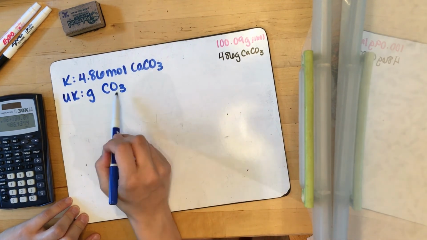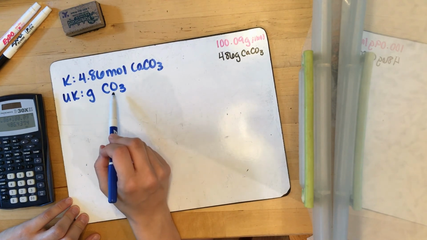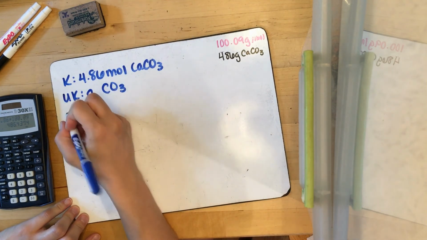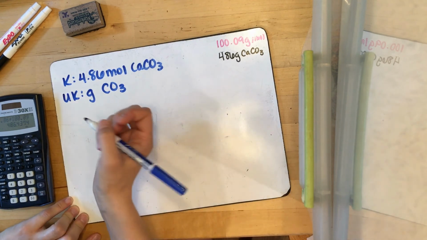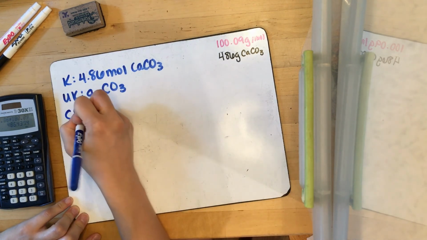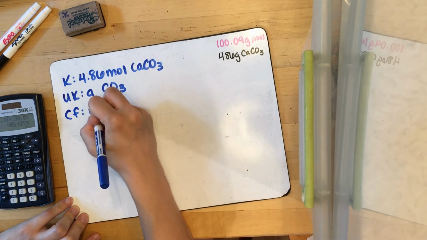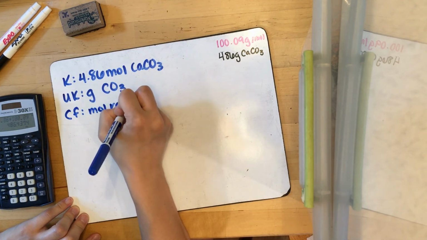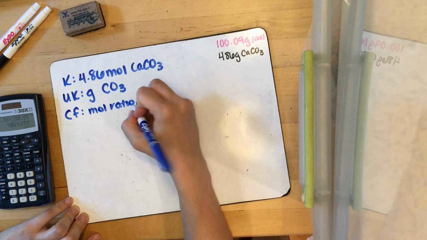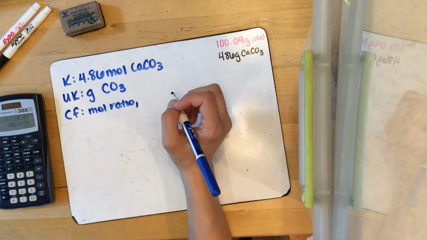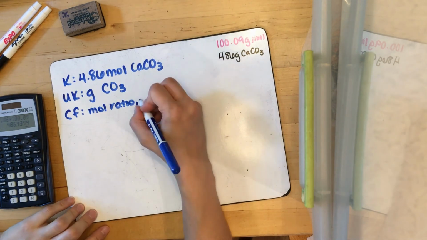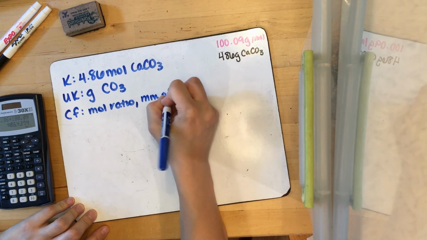So we want just the mass of the CO3 part of this. So we're going to need basically like a mole ratio inside of this compound, and also the molar mass of CO3.